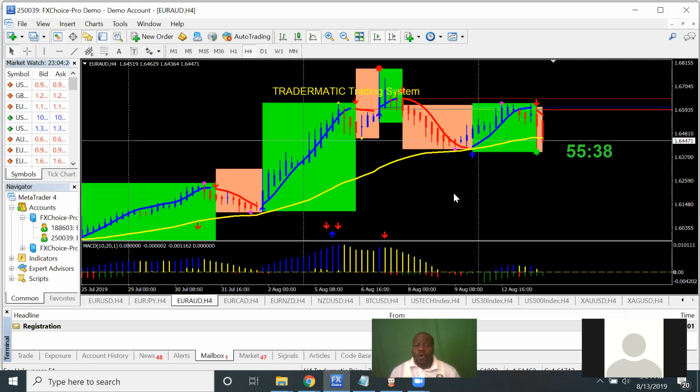So now, why do we need Tradermatic? When you look at most trading platforms, some of them use a naked chart. What I mean by naked chart is just an ordinary chart.